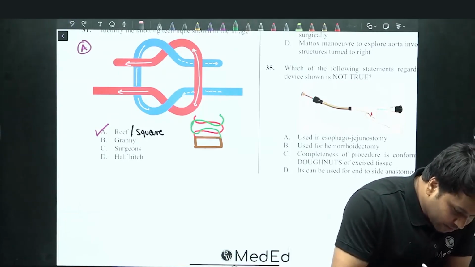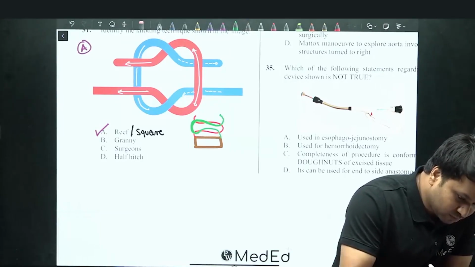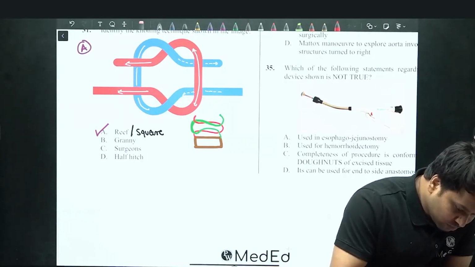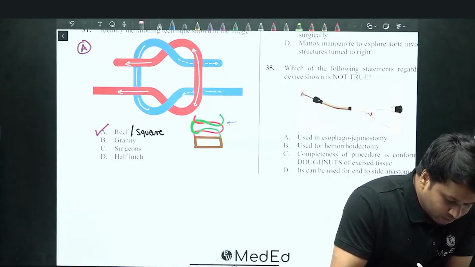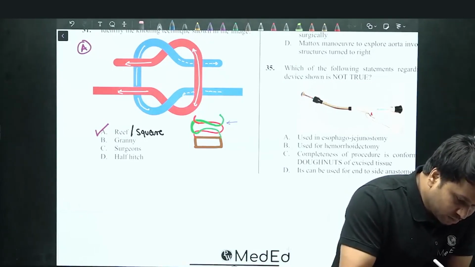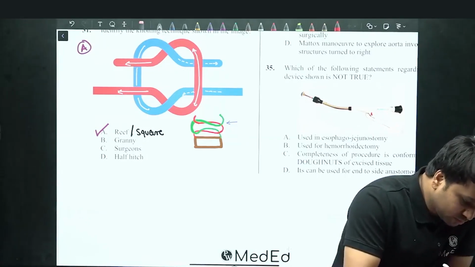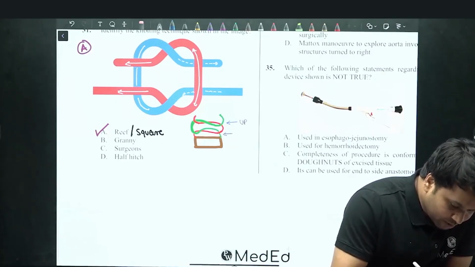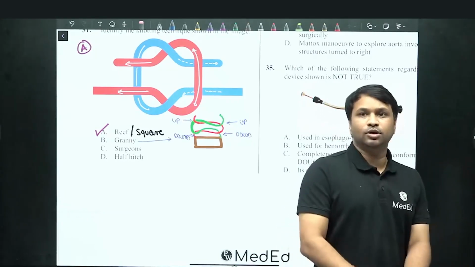Here the green thread is above the red loop, and on the other end it will be under the red loop. So this is up, this is down. Here red is up, here red is down. So one up, one down. This is your granny's knot.